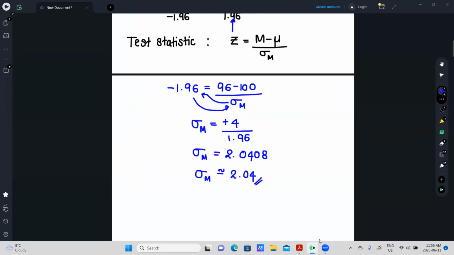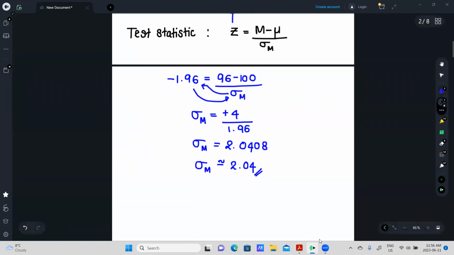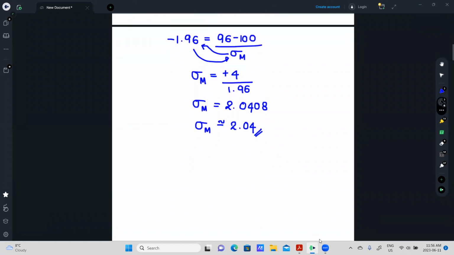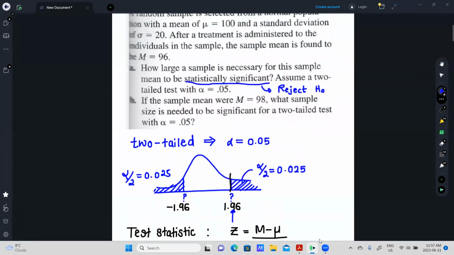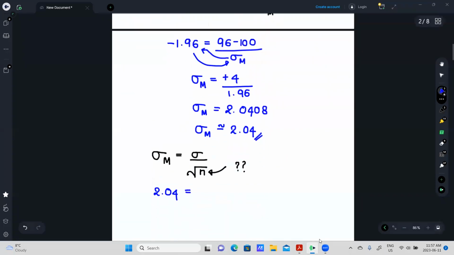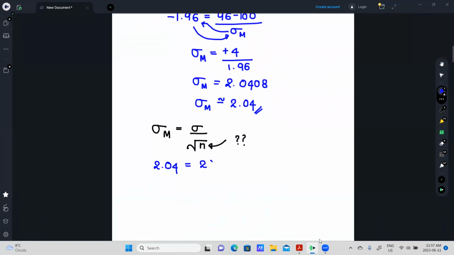Now, I know the equation for sigma M. Sigma M is equal to sigma divided by square root of n, and I'm going to find the value of n here. I know the value of sigma M now, so I can substitute. 2.04 is equal to sigma, which is given as 20, divided by square root of n.